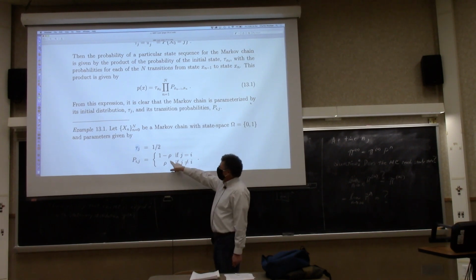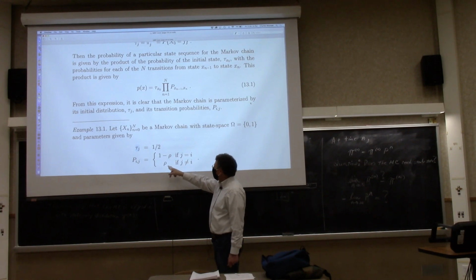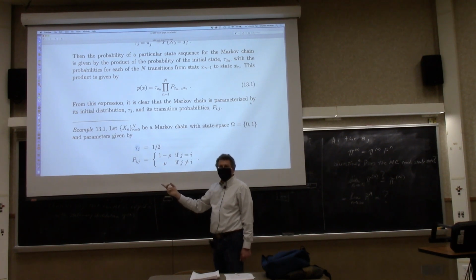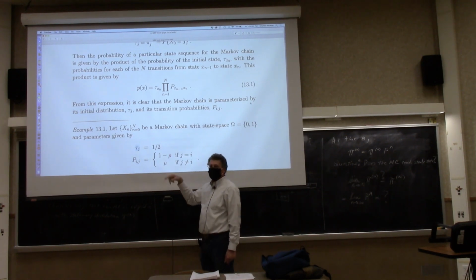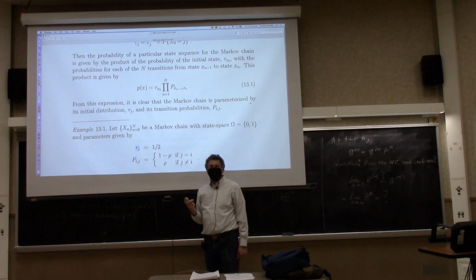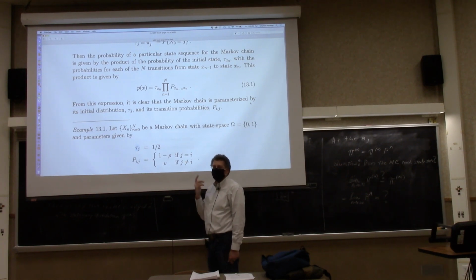Then the probability of being in the next state is that with probability rho, you change states, and with probability 1 minus rho, you remain in the same state. So for every step of the clock, you flip a coin, which has probability rho of coming up heads, and if it comes up heads, you change states.